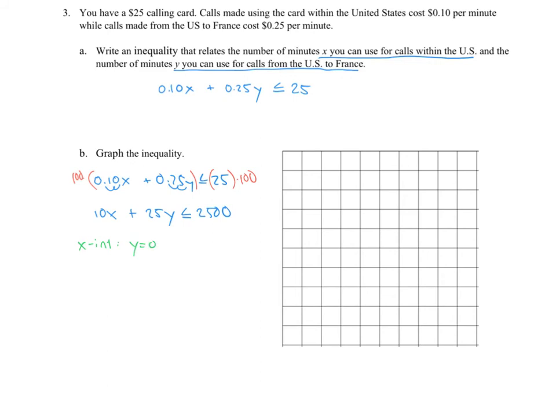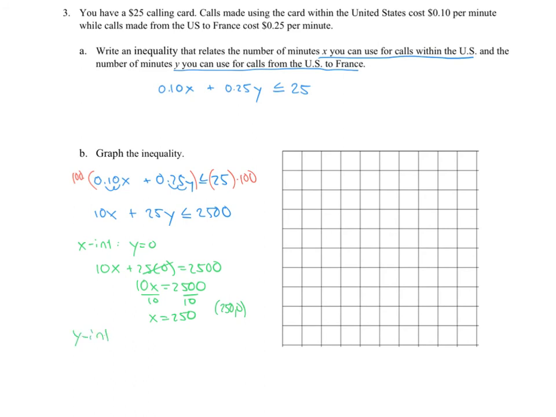If I think of this as the equation of the line, I'm going to plug in 0 for y and get 10x plus 25 times 0 equals 2,500. This term goes away. We get 10x equals 2,500. Divide both sides by 10, and x equals 250. So the x-intercept is 250, 0.